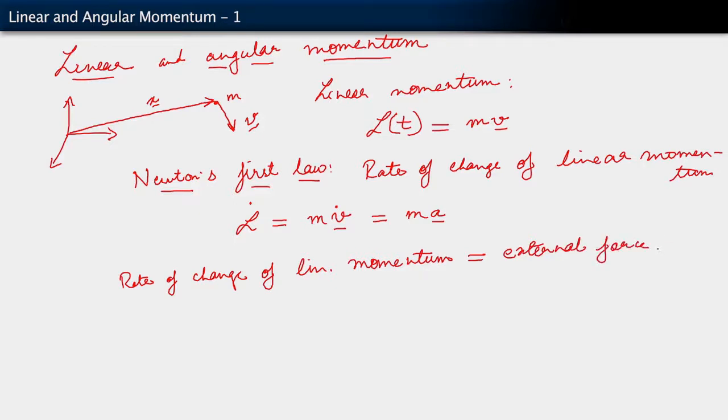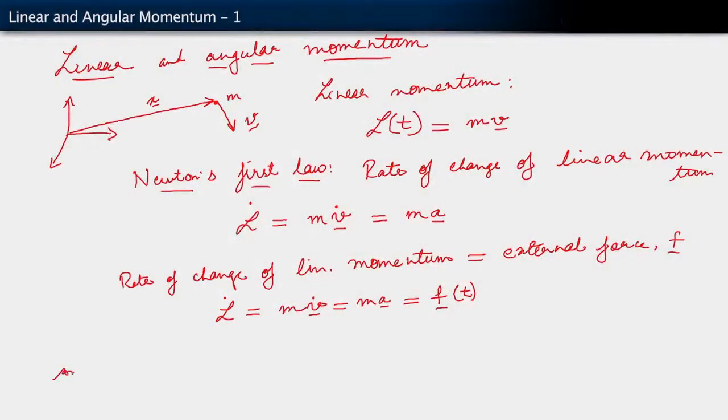For now, let's use lowercase f as the force vector. So essentially what this says is that L dot equals, and I'm going to write it in all its forms here because we will at various times use different ones of them, this is equal to F, and of course the force may be a function of time. So that's our balance law of linear momentum for a single particle.